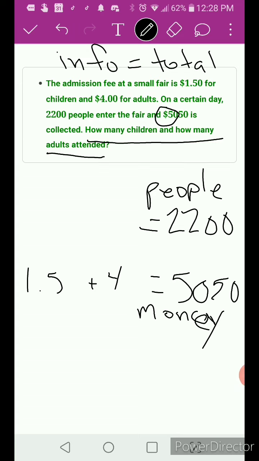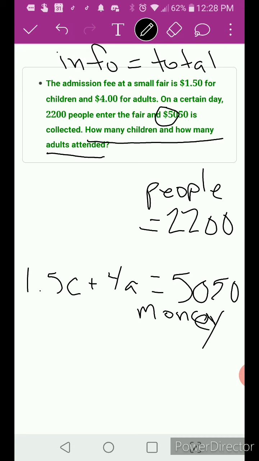Anywho, so we got 1.5 for the children, so we'll say C. And we have $4 for every adult, so we'll say A. And we have the second equation. Now let's go after the first equation. Well, people, who are people? Are children people? Are adults people?